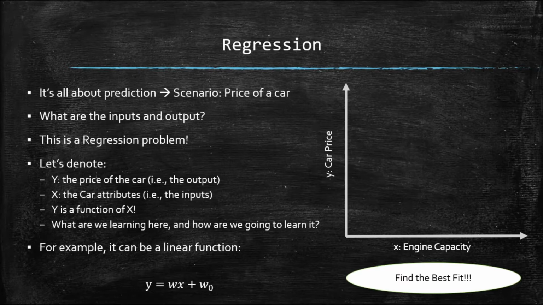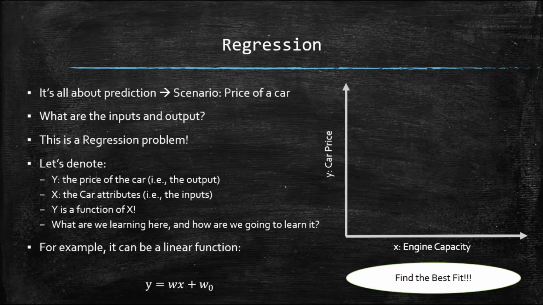In our example, Y is the price of the car, which is the output. X is the car attributes, or the inputs to the problem. And we are insisting that there is a relationship between the car price and these attributes, there's a pattern.